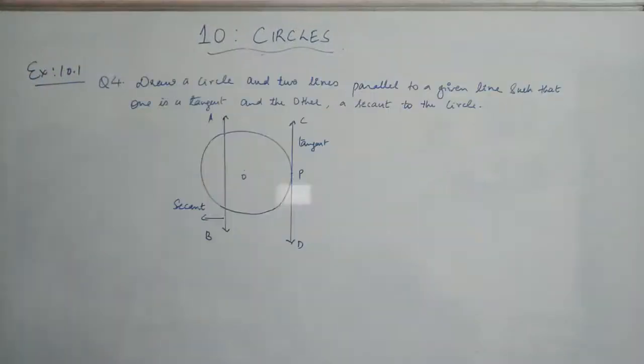Okay. Fourth question is, draw a circle and two lines parallel to a given line such that one is a tangent and the other a secant to the circle.